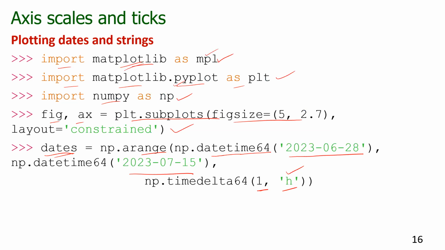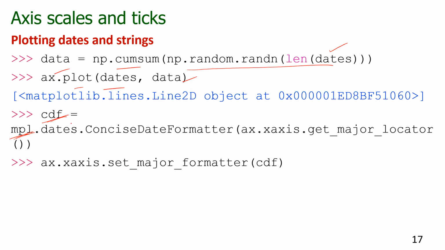Pyplot separately you have to import. So MPL is the Matplotlib global object. From that, concise date formatter is taken. Here ax.xaxis.get_major_locator. Then set ax.xaxis.set_major_formatter for that CDF dates data.